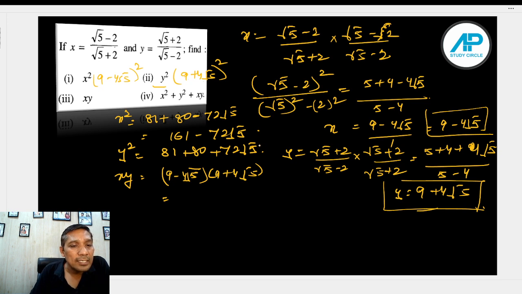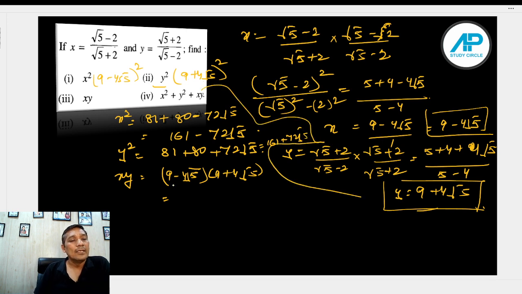This is 161 plus 72 root 5. Right. So this is 81 minus 80 equals 1.